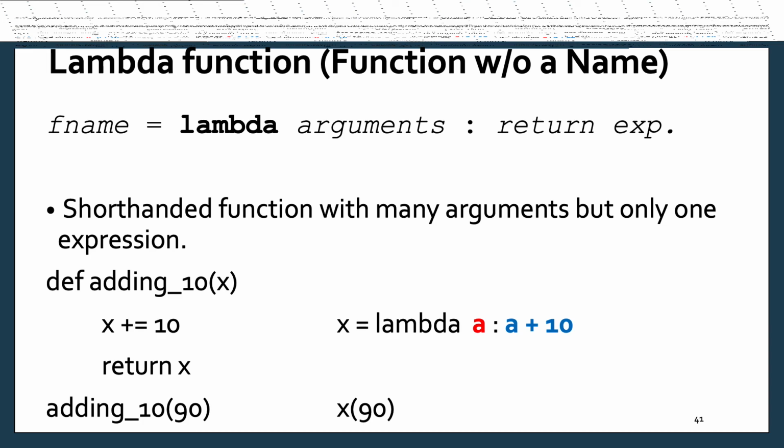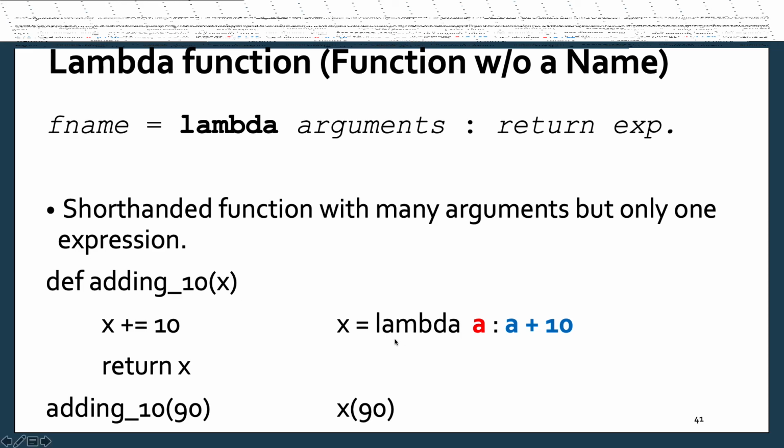You just need that operation to happen, right? So an example of this one, sometimes you want to define, oh, this function is adding 10. So you have a function named adding 10, right? But if it's just part of the operation of another function and you don't really need to mention what it is, you can use a lambda.